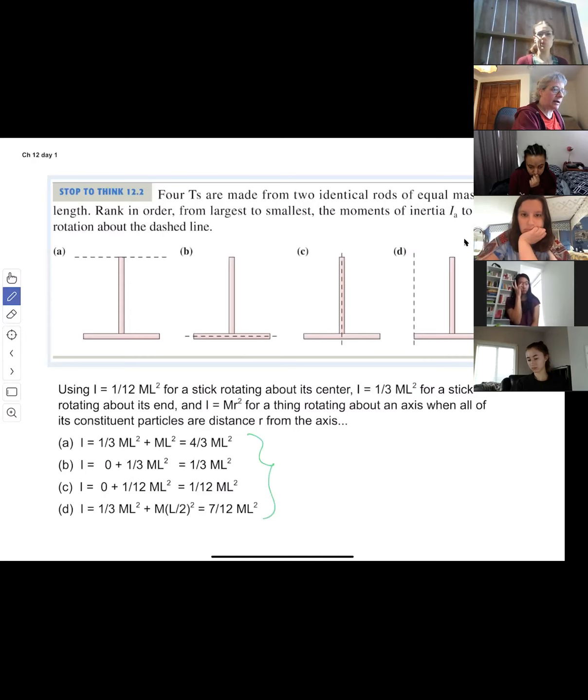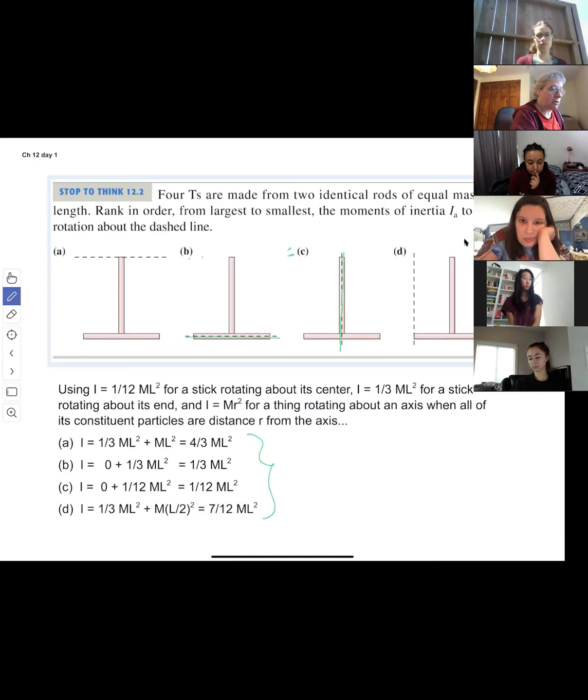But if I look at B and C, those two are good to compare because one of them has the axis going right through one of the rods, and this one also has it going right through one of the rods. So those should have a pretty low moment of inertia, right?